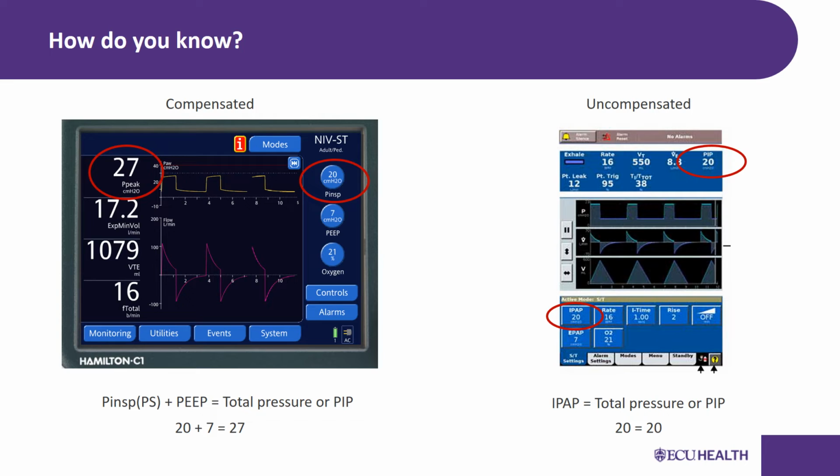In the V60, the IPAP set is 20, and the set PEEP is 7. And if you can view, the PIP is 20, as the ventilator is recognizing the total pressure set is 20, as the V60 is an uncompensated ventilator. There is a key difference on the total pressure delivered here, as well as the change pressure.